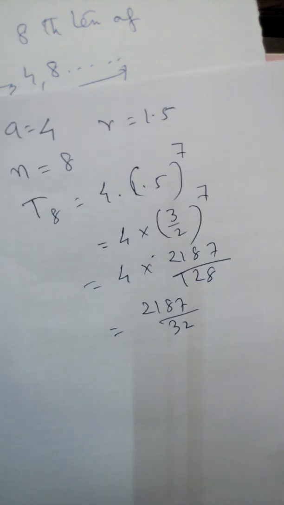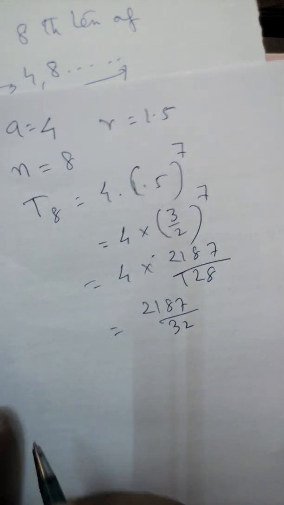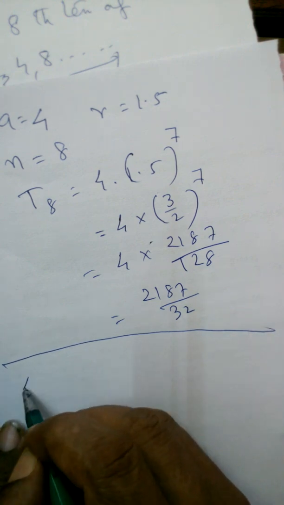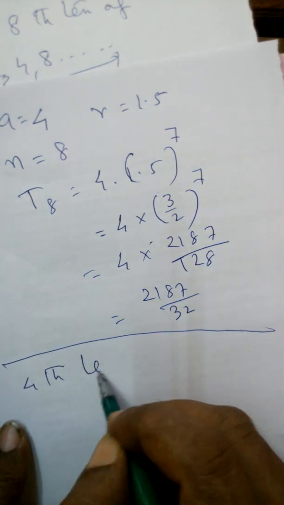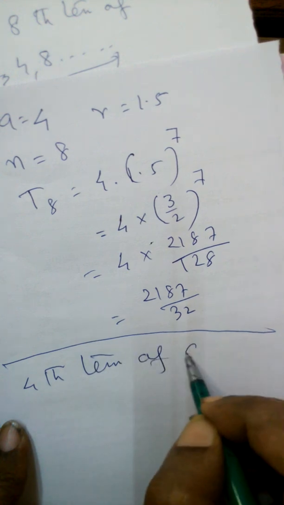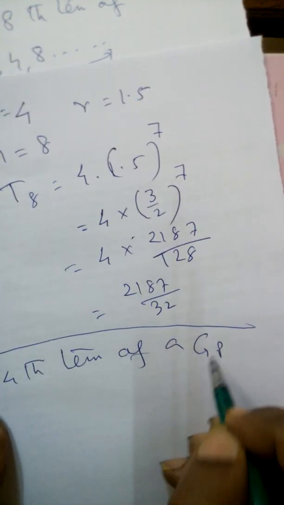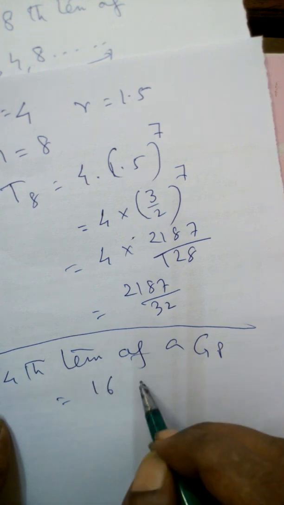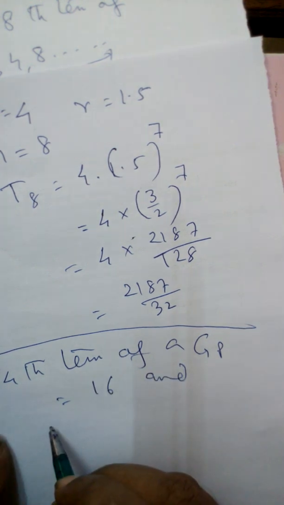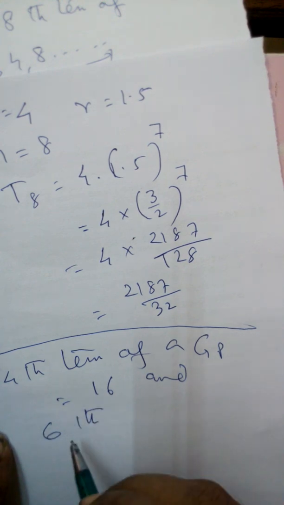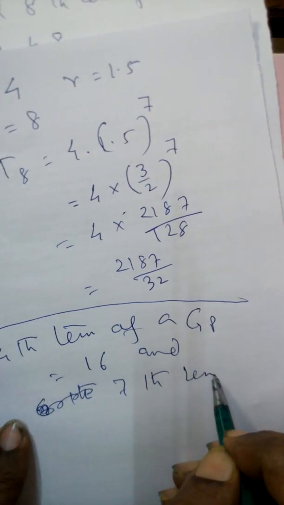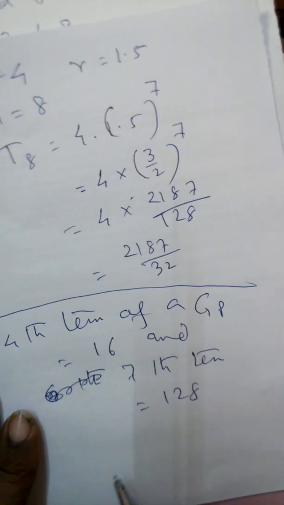Now coming to another problem, one more problem. That question is like this. The fourth term of a GP is equal to 16, and the seventh term is 128.